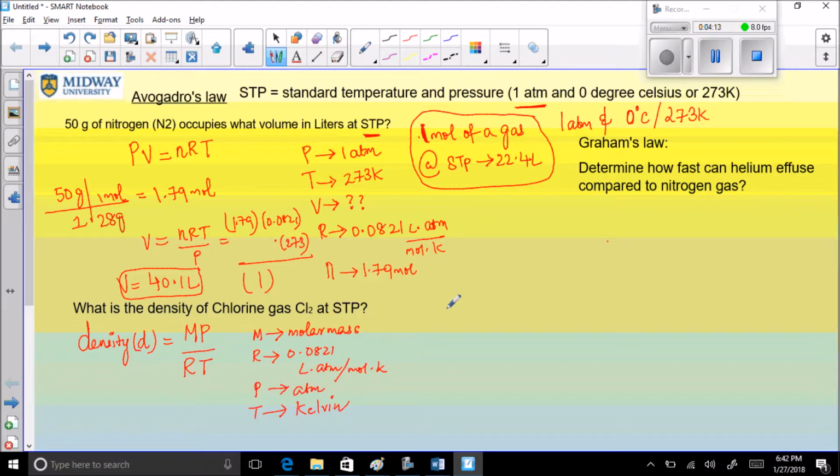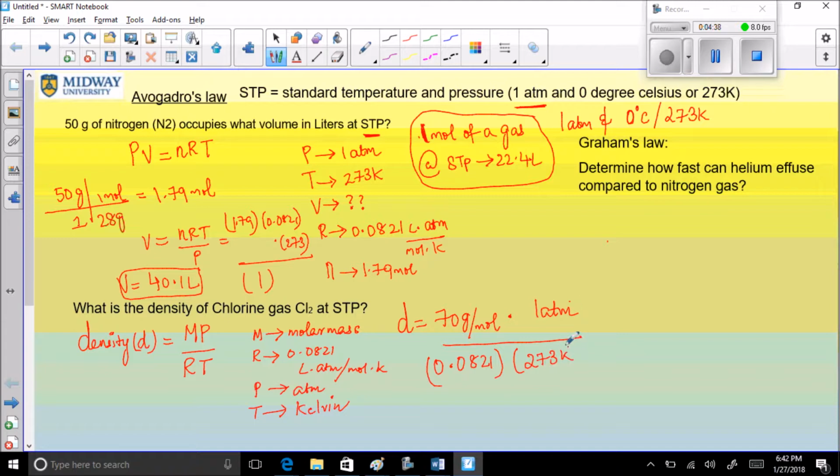So all we have to do is apply all the numbers. The molar mass of chlorine is about 70 grams per mole, times pressure of 1 atm, over R, the gas constant, which is 0.0821, times temperature, 273 Kelvin.